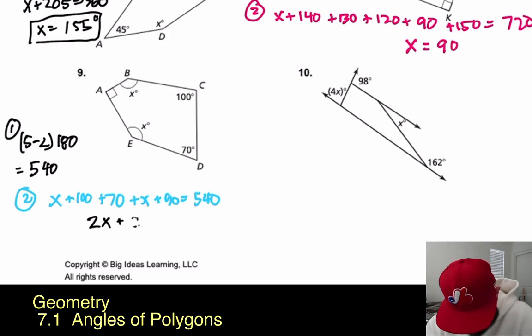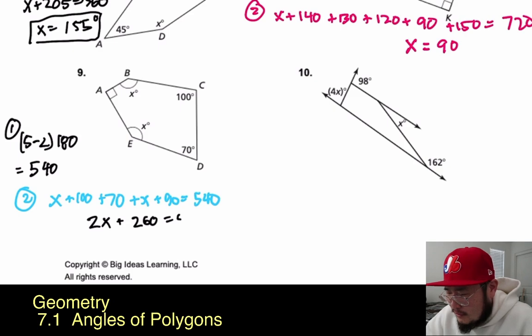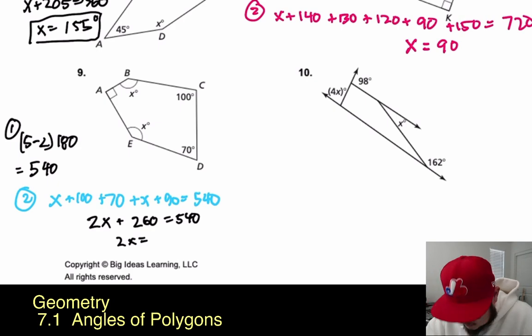Then you can solve this out. 2x ends up equaling 280. Then divide both sides by 2, and x is equal to 180.